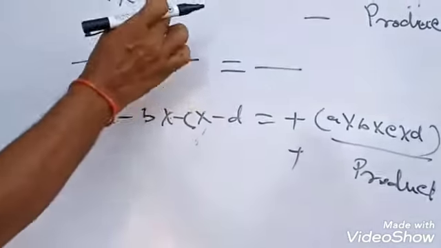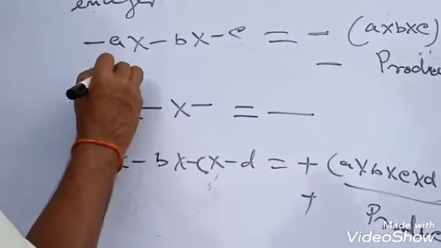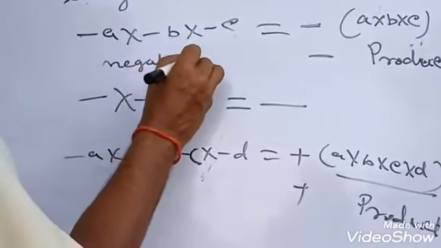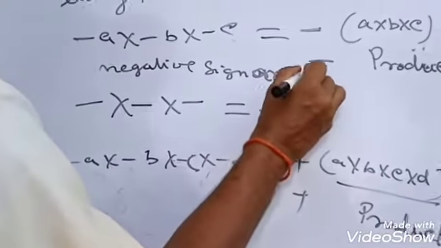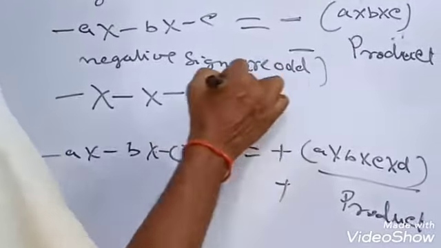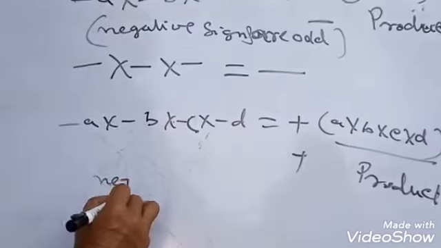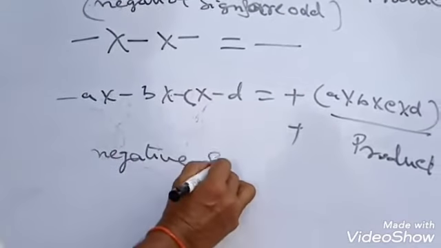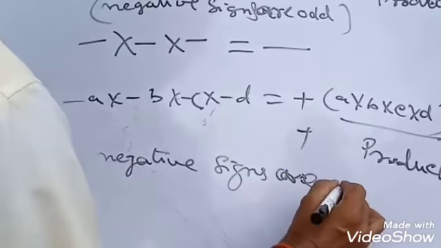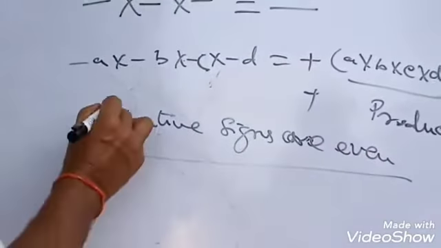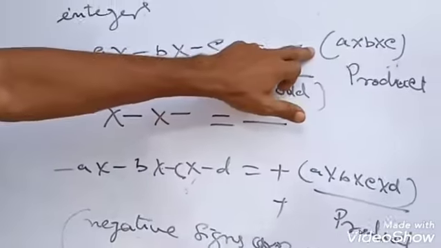Here we see that when the negative signs are odd, the sign is minus.